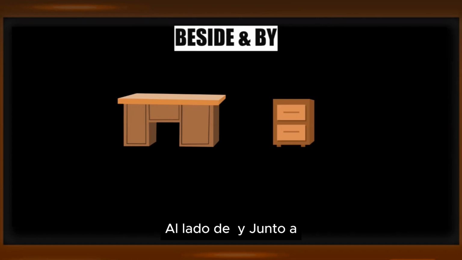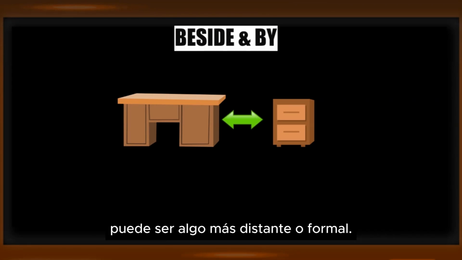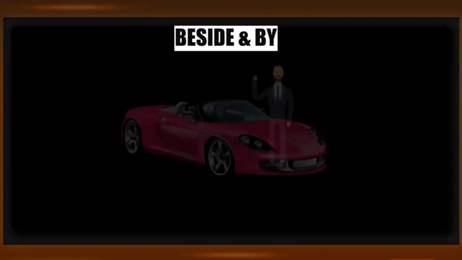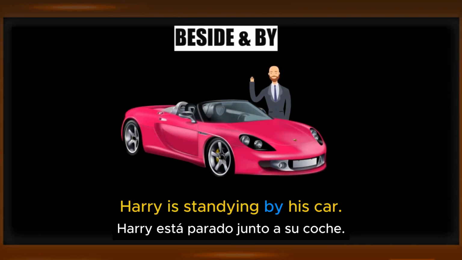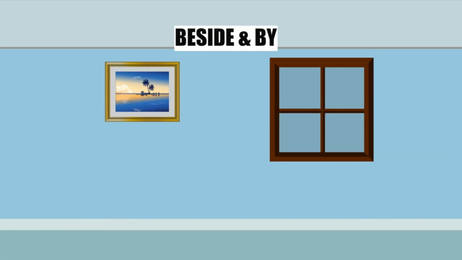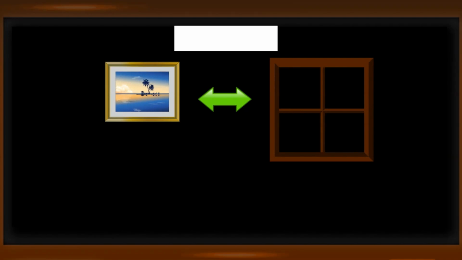Beside, and by, means at the side of, but doesn't always imply immediate proximity, can be slightly more distant or formal. Examples: Harry is standing by his car. There is a frame beside the window. Notice that there is a space between the frame and the window.